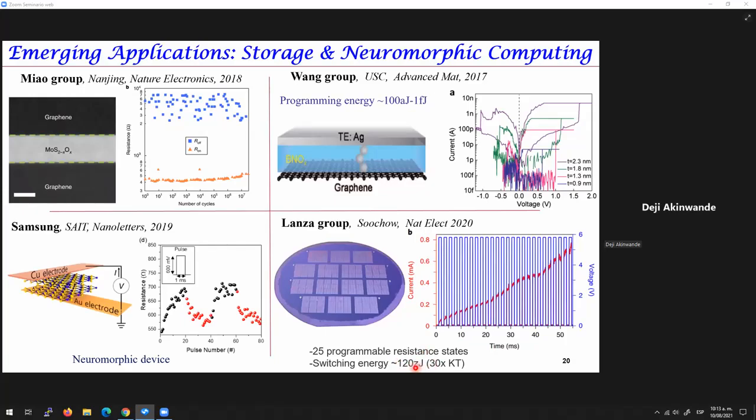Now we're talking about switching energies in the zeptojoules. This work here is based on boron nitride. So you can see that there's a lot of opportunity for neuromorphic computing, artificial neural networks, and memory storage to utilize these 2-dimensional materials for their advantages, including their energy advantages.